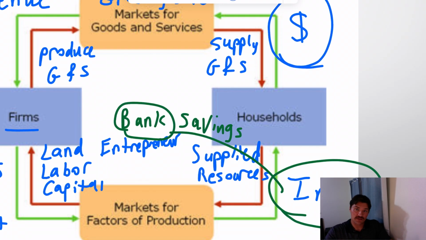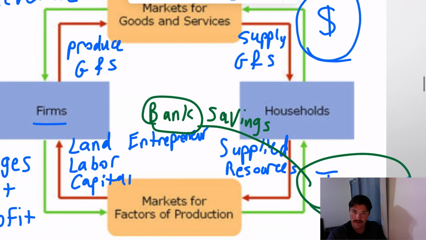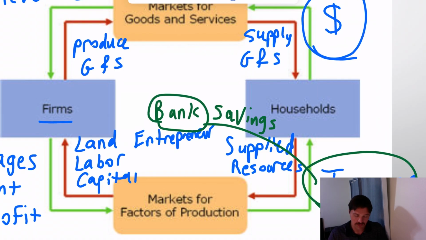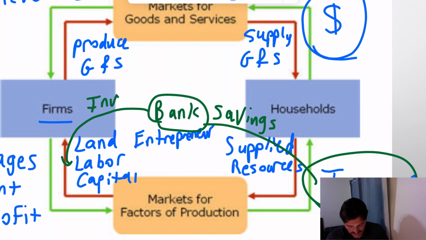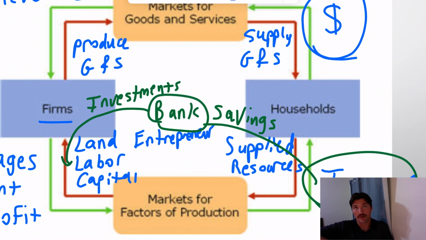So what can businesses do at a bank? They could get investments. So a firm goes to a bank for a loan in order to produce more goods and services. So the other reason we have banks is for investments and loans. Okay, we're not talking about investments into stocks and things like that. We're talking about going to a bank and getting a loan.